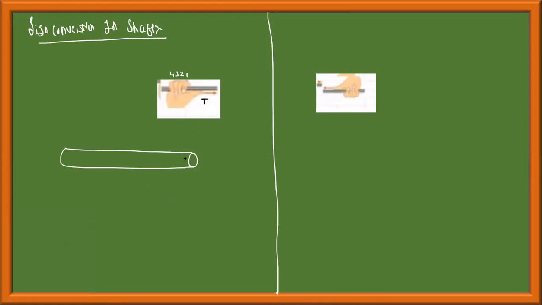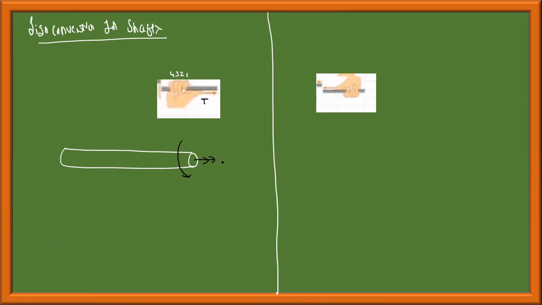Now I am applying a torque like this. I have to bend my four fingers in the direction of the torque. See how I am bending the four fingers in the direction of torque. Then the thumb gives the axis. If you bend your four fingers like this, then your thumb gives the axis, which is in the x direction.